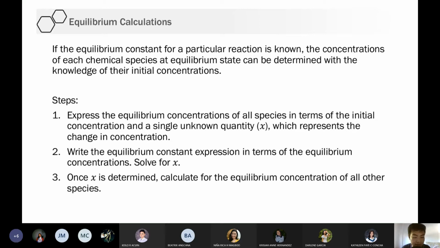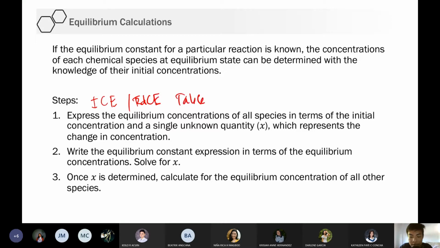Number one, you want to create the ICE table first. I forgot that step. So you're going to create the ICE table. Some references call it the RICE table. So what is the ICE or the RICE table?